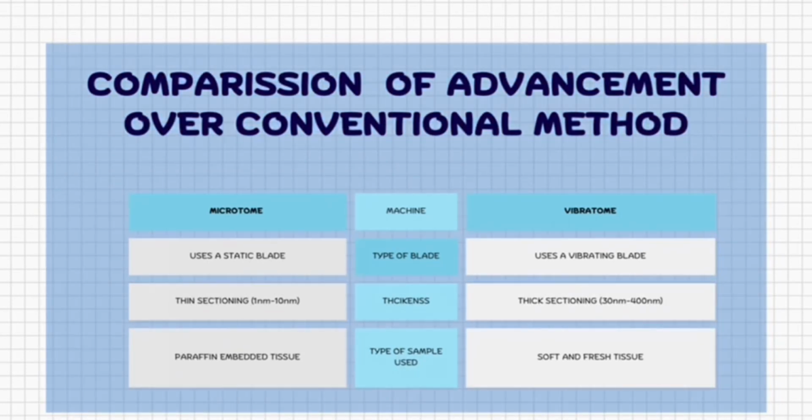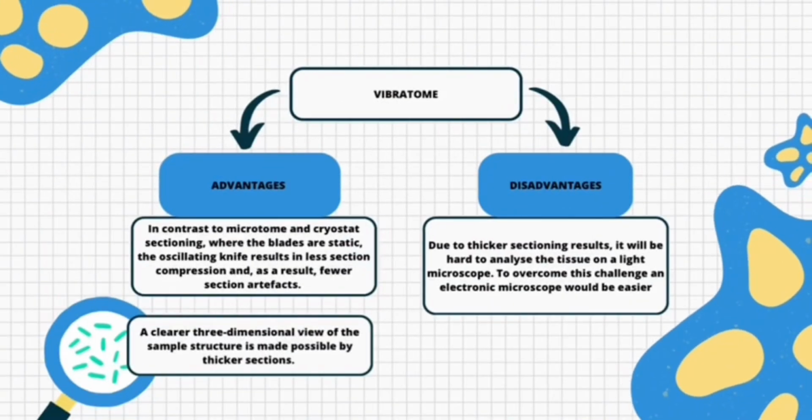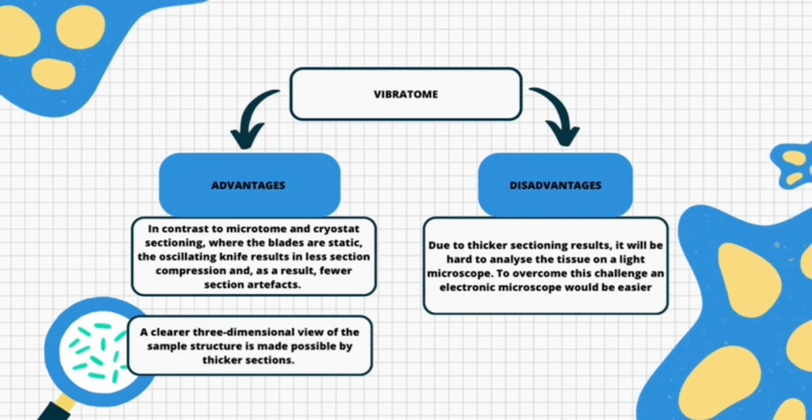The thin sectioning of the microtome is 1 micrometer to 10 micrometers, while the vibratome uses thick sectioning of 30 micrometers to 40 micrometers. The type of sample used is also different. The microtome uses paraffin embedded tissue, while the vibratome can use soft and live tissue. Next is the vibratome's advantages and disadvantages.